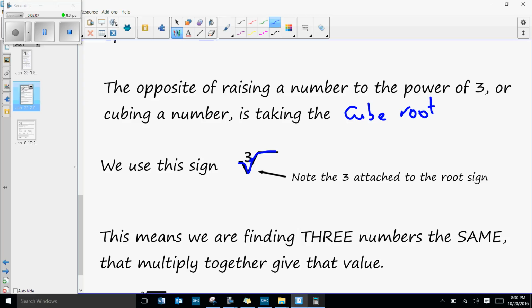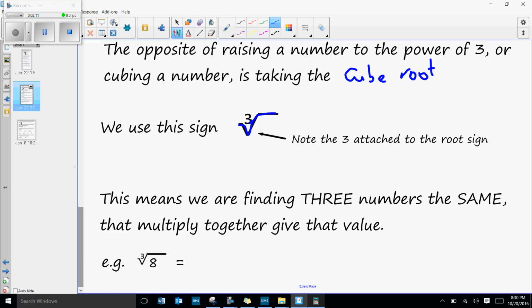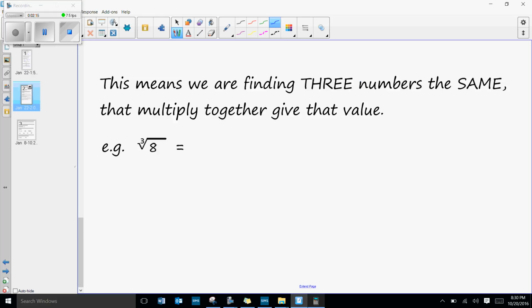So now we have to find three numbers that are the same that multiply together to give that value. Something multiplied by itself 3 times would give us the answer of 8, which means the number must be 2.